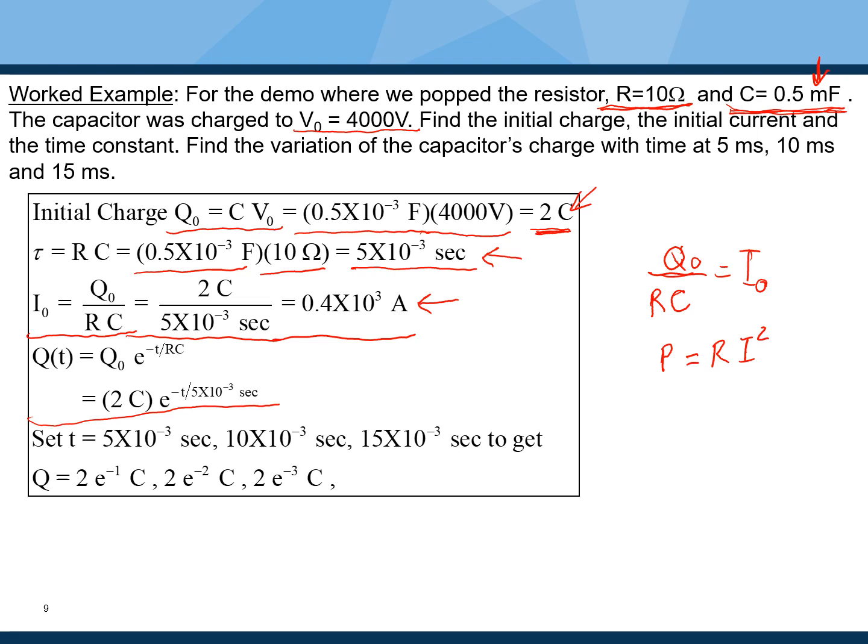We can realize that 5 times 10 raised to minus 3 seconds later, the charge on the capacitor was diminished by 1 e-folding. 10 times 10 raised to minus 3 seconds later, the charge on this capacitor was just 2 times e raised to minus 2, and 15 times 10 raised to minus 3 seconds later, the charge on the capacitor was just 2 times e raised to minus 3, and e raised to minus 3 is quite a small number, so the charge had basically drained away.